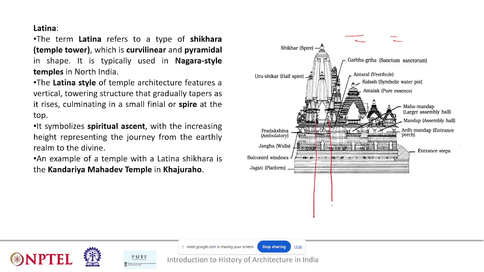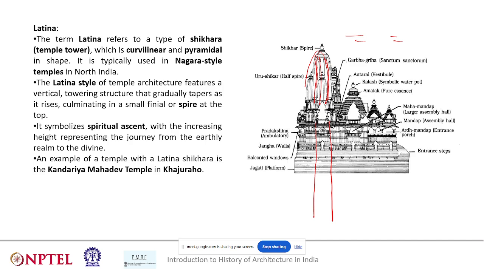Let me just draw it once again. If you look into this particular style, Latina style, I think you can see this kind of verticality. As I explained earlier, I'll just repeat it, this came from the term lata, which means creepers, and that is from where this Latina style temple gets the name.